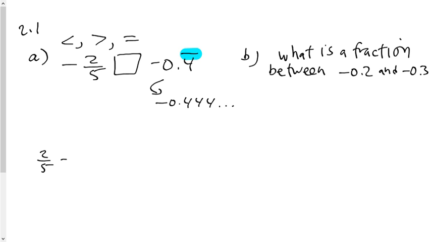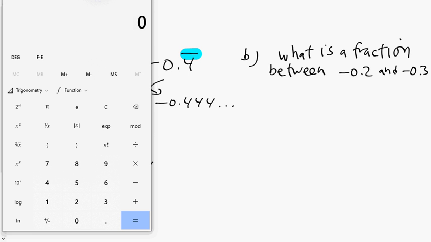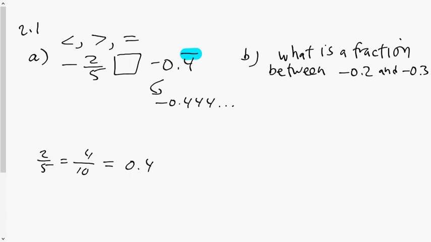You can think of 2/5 as an equivalent fraction with a 10, 100, or 1,000 as a denominator, read that as 4/10 and write it as 4/10. Or alternatively, and definitely easier, you just take your numerator and divide it by its denominator, and you get 0.4 as well.